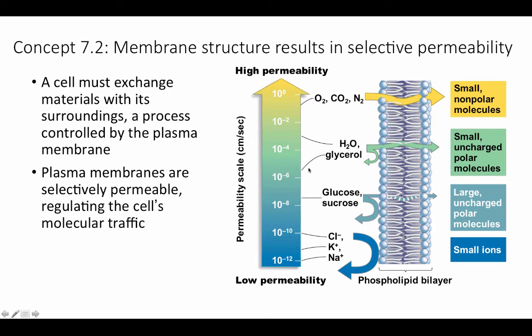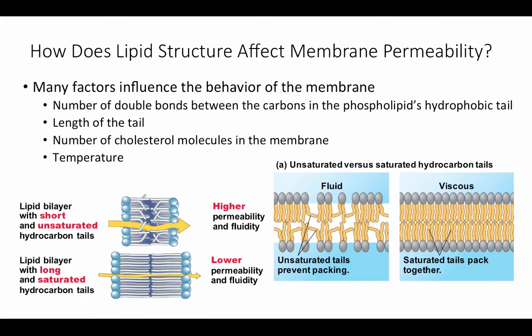And things like glycerol are going to have even lower permeability. Large polar molecules that are polar but not charged, such as glucose and sucrose, are going to have even lower permeability, and fully charged ions are going to have very, very, very low probability of making it through that cell membrane.